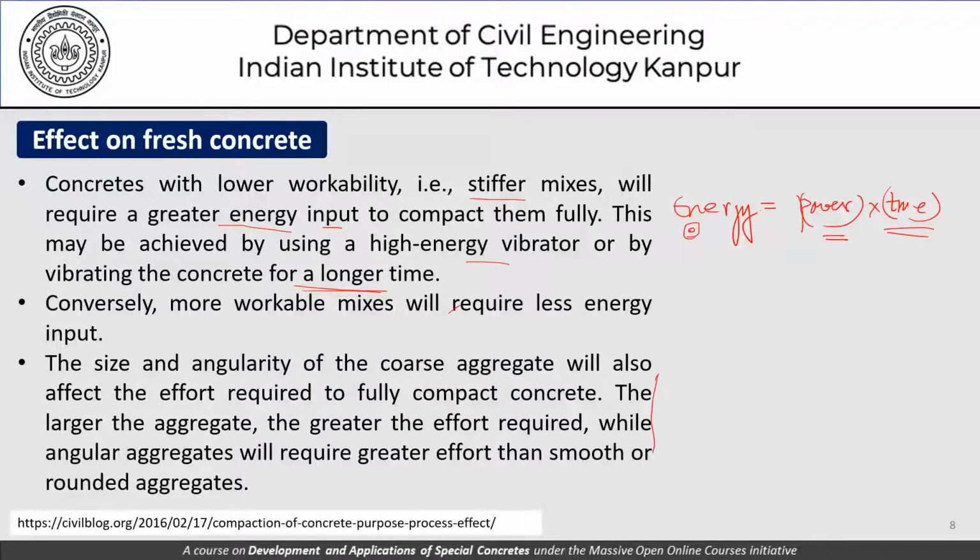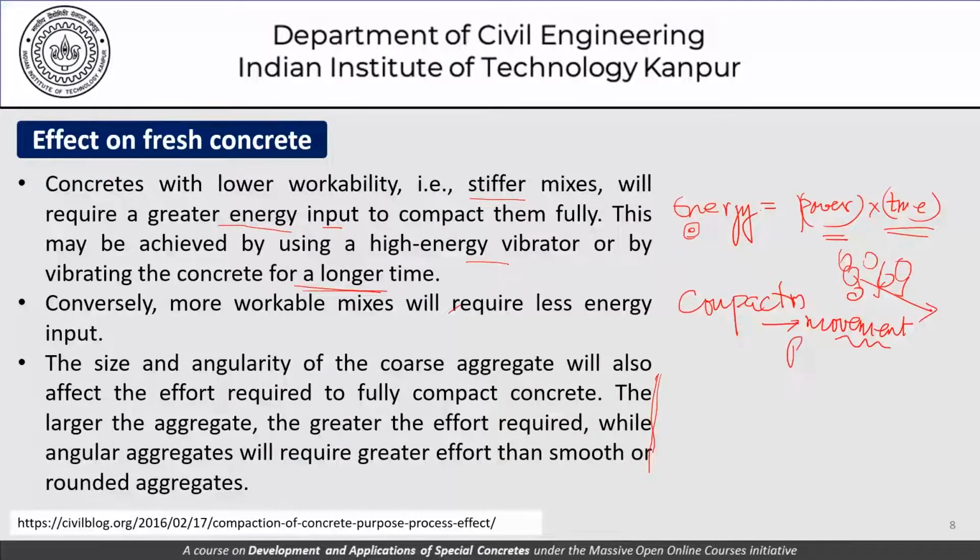Now, this part should become obvious given the fact that we just discussed that compaction really involves movement of aggregates in a narrow band, that if the aggregate is here, it's not going to move 2 centimeters or 3 centimeters somewhere else. But in the small domain where you have a lot of aggregates, if the aggregates have to move to a more compact kind of configuration, then it is easier for the aggregates to move if they are rounded.